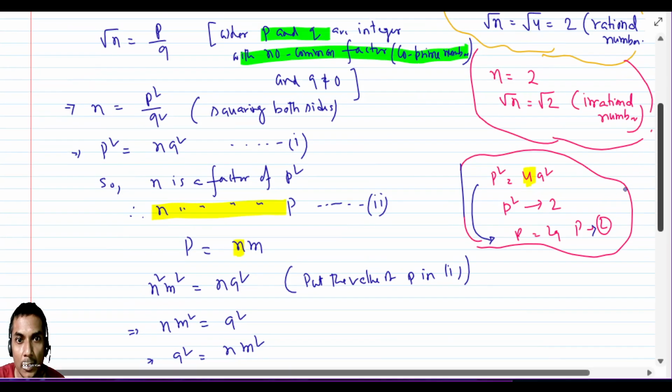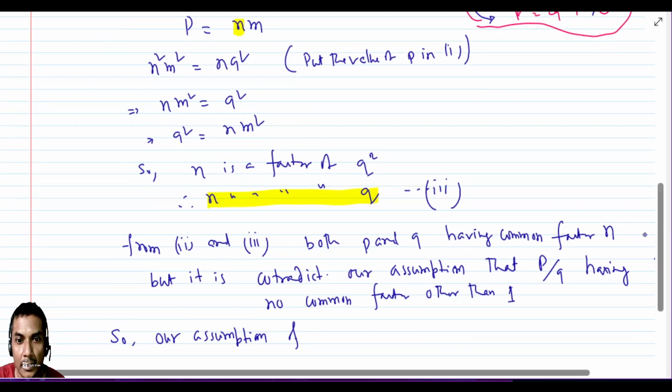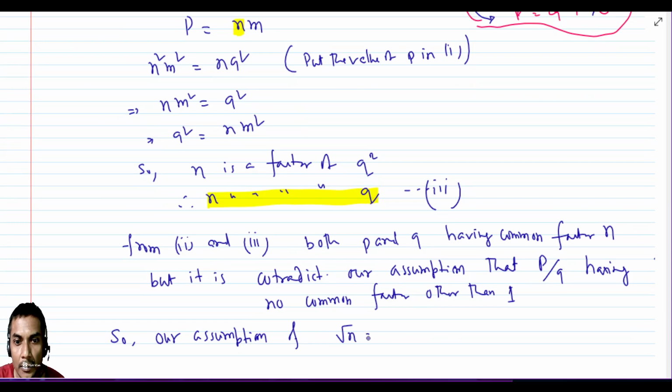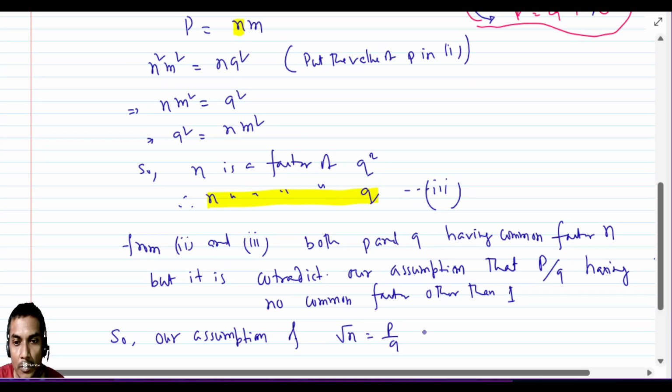What was the option? Root n is equal to p by q is wrong.